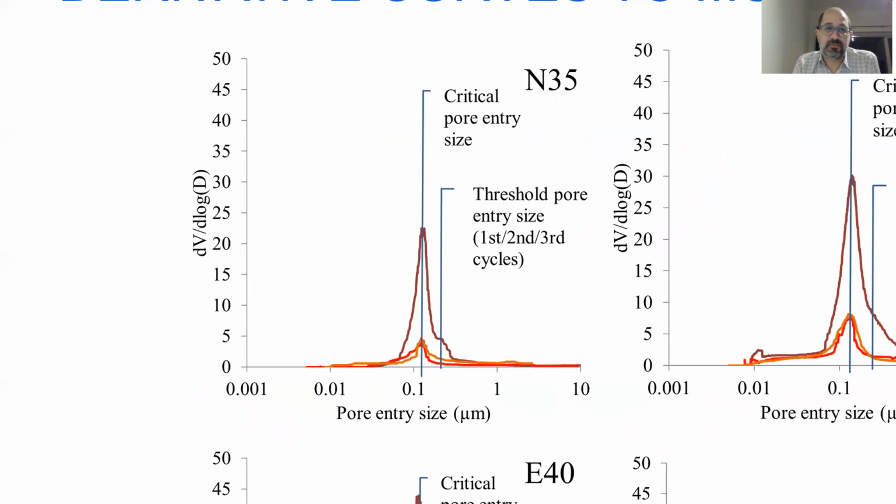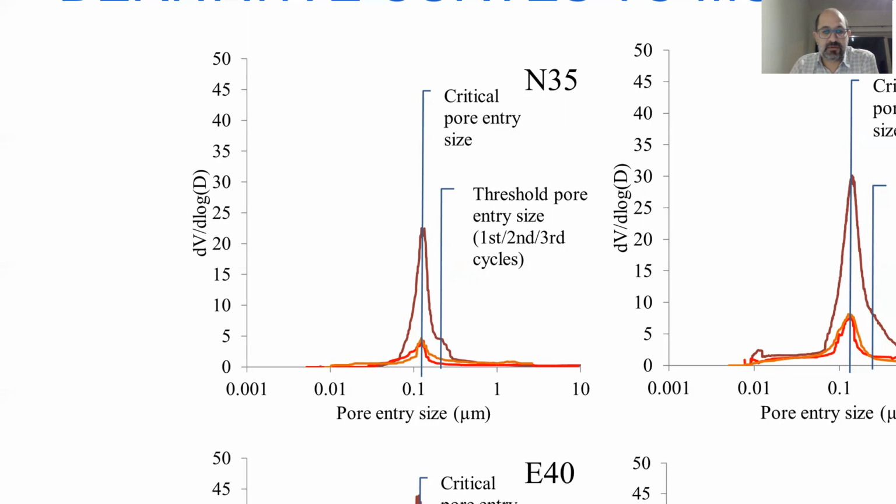In addition to that, we can also identify the threshold pore entry size, which is interpreted as the minimum size that is geometrically continuous throughout the whole sample, and the critical pore entry size, which is the maximum of these derivative curves and corresponds to the steepest slope of the cumulative intrusion curve.